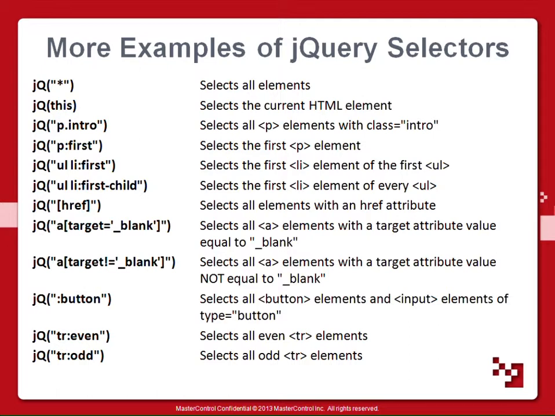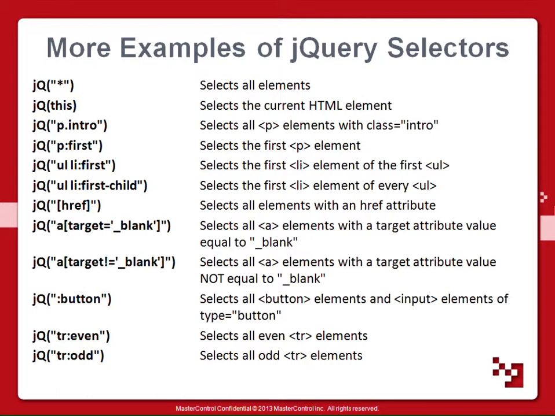We had the P, which is anything surrounded by a P tag, but then you may have lots of P's on your form, and you might want to separate those into different sections. Think of a multi-tab form with lots of fields on every tab, where you want to do the same thing on each tab, but you need a way to separate them out. So it could be P.section1, P.section2, P.section3, so it's all P elements with the intro class. So we've sort of combined those.